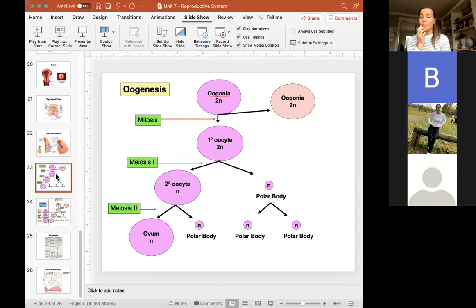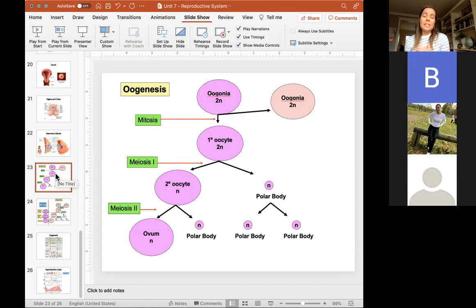So that is very similar to the process of spermatogenesis that occurs in males, but this is what occurs in females to produce the ova. And it's a little bit more complicated because there are some like pauses along the way. It doesn't just happen straight through like spermatogenesis does.